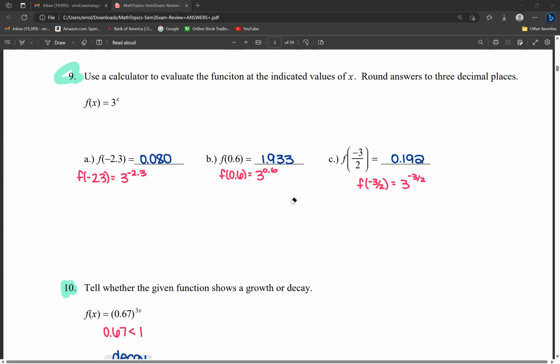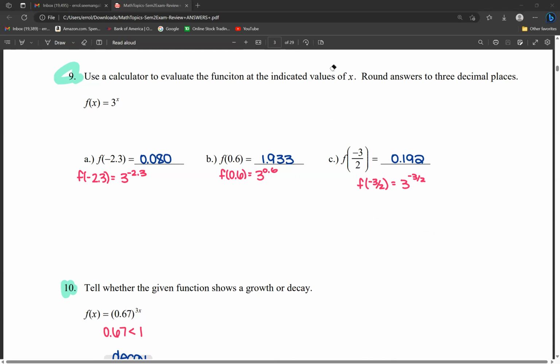And then for C, type in 3, that button, and then -1.5. Raise to the -1.5. I got the same answer. Okay, good.